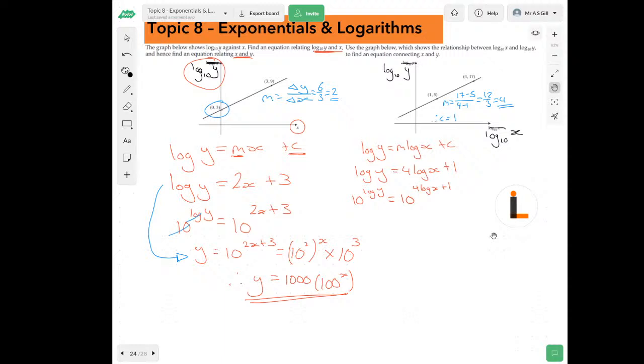So we should end up with something like this. We can cancel out on the left hand side the raising as power of 10, and the log will cancel out to leave us with just y.